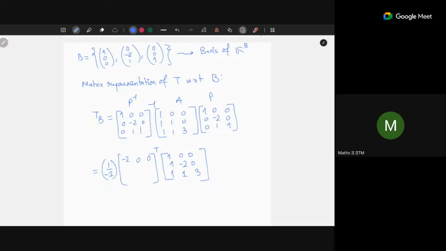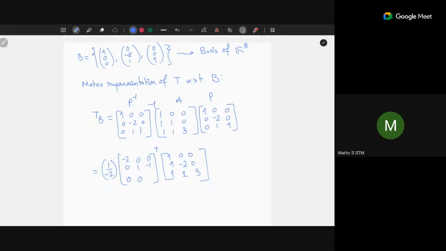For the 2 1 entry, the cofactor is 0. For the 2 2 entry, it is 1. For the 2 3 entry, it is minus 1. For the 3 1 entry, it is 0. For the 3 2 entry, it is again 0.